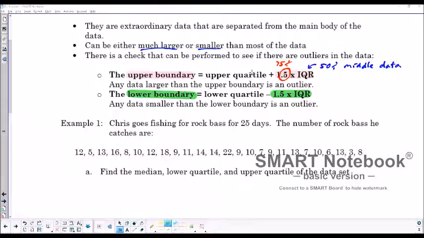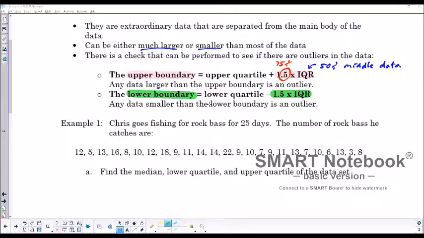So it's again going from the lower quartile, which is the lower 25%, and we're going so far below that, if there's any values that are beyond that, then that indeed would be an outlier. So it's so far lower than the lower quartile, then it's got to be separated by a large interval in order for it to be an actual outlier.